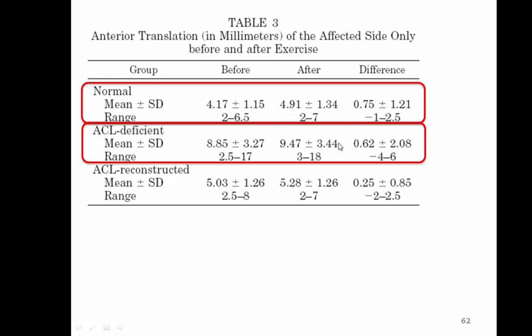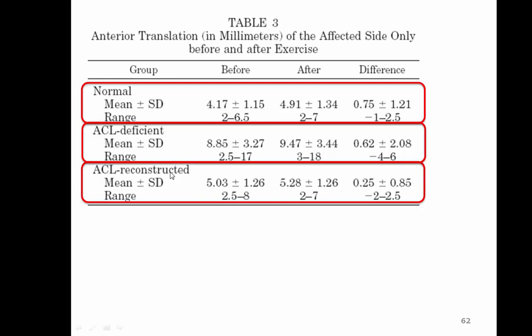Now, the tibia will translate as well because other tissues that do provide a secondary restraint will also experience that viscoelastic stress relaxation behavior.